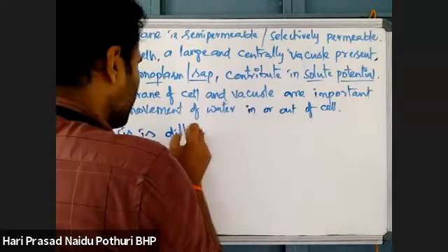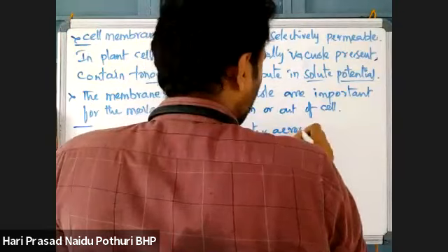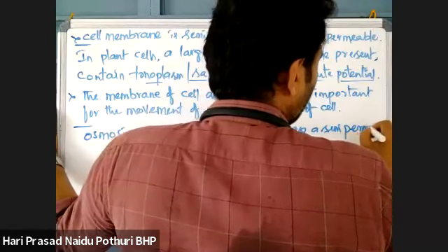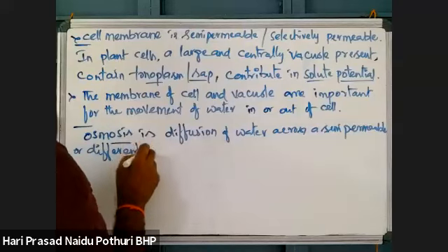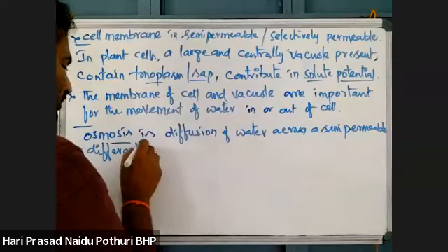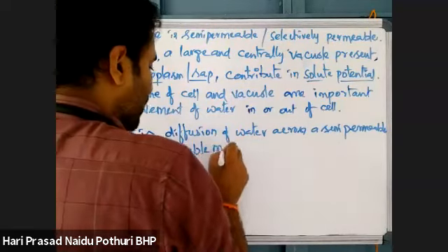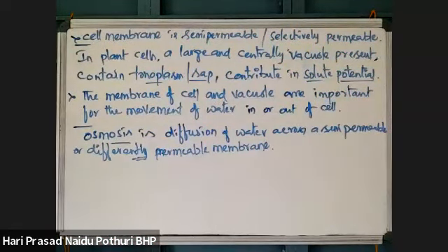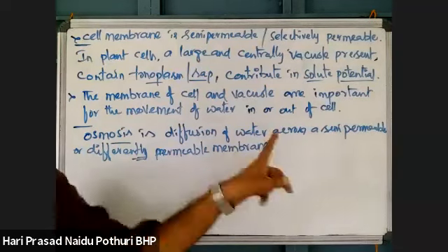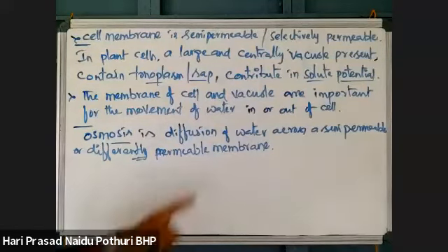Osmosis is the diffusion of water and other solutes across a semi-permeable or differently permeable membrane. If anything moves from one side of the membrane to the other side, then it is called osmosis.